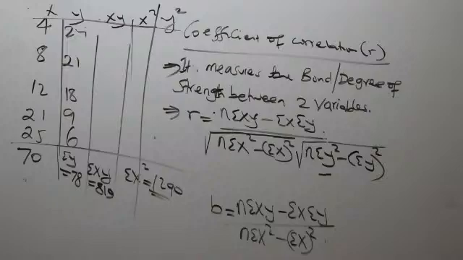So it measures the bond or the degree of strength. You can imagine, like in this case here, X and Y are related up to 99.85%. Quite a high value of association.